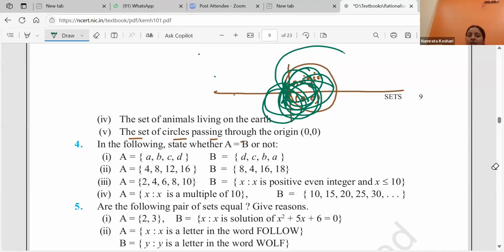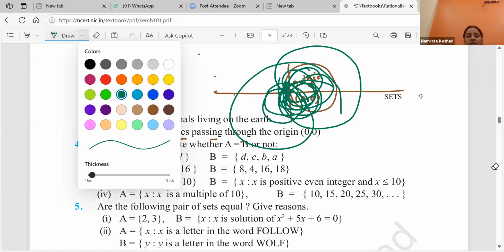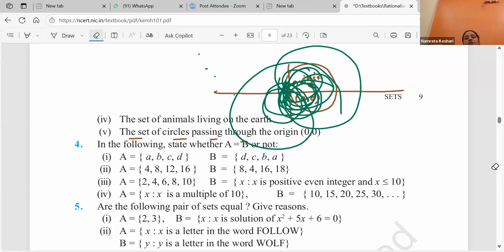Maybe one time radius 7, another time radius 6, or radius 1, 2, 3, 4. Whatever radius comes to my mind, I take it, but every time I make sure that the circle passes through the origin. So that way we can draw so many circles, right? Yes. Okay, let's continue.